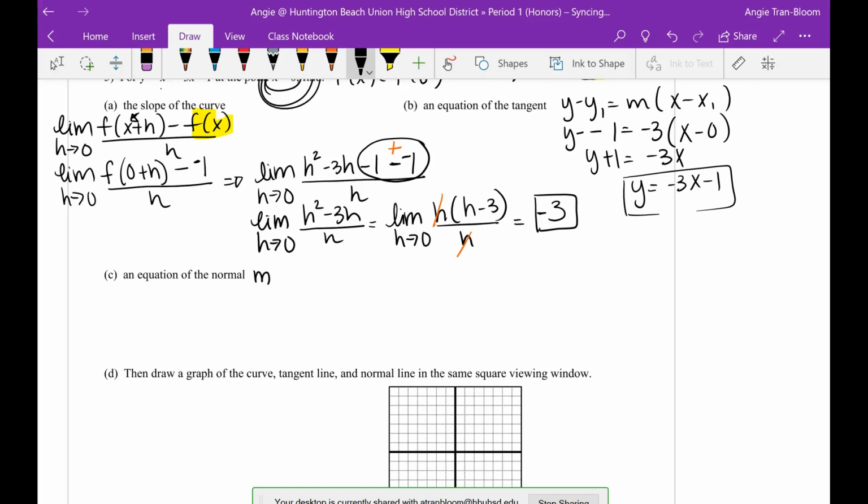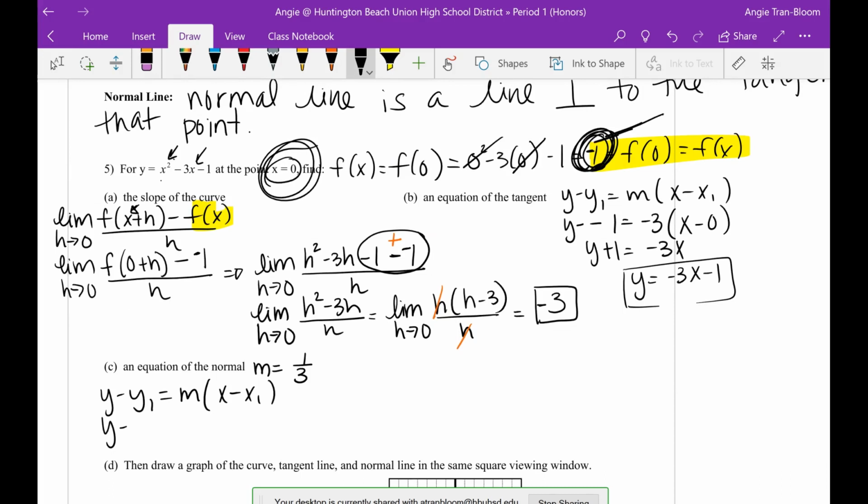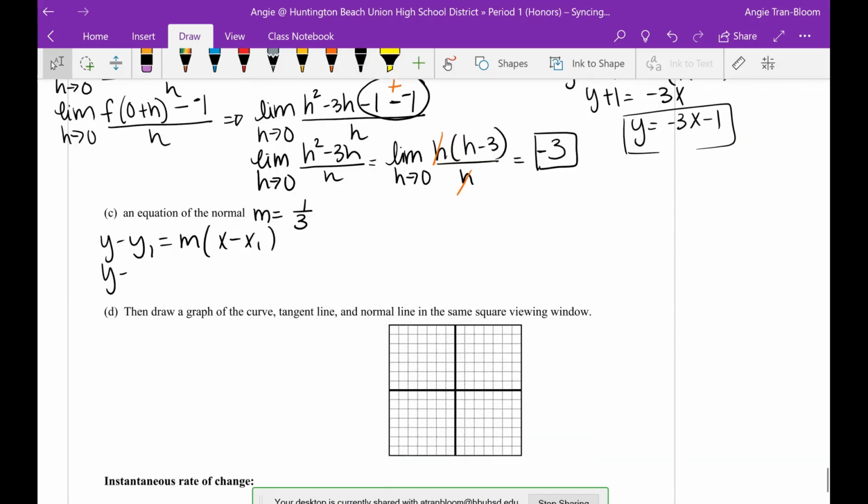Just like in Algebra 1, the normal is going to be opposite and reciprocal. The opposite of negative 3 is positive 3, and the reciprocal is 1/3. You're going to do the same thing: y minus y1 equals m times x minus x1. y1 is still the same, I'm using negative 1.